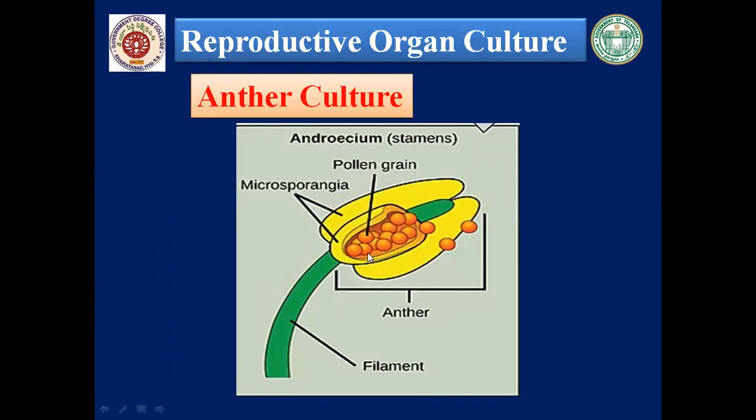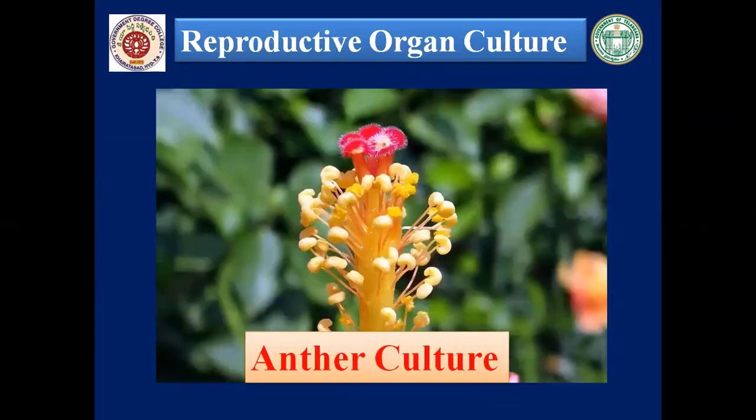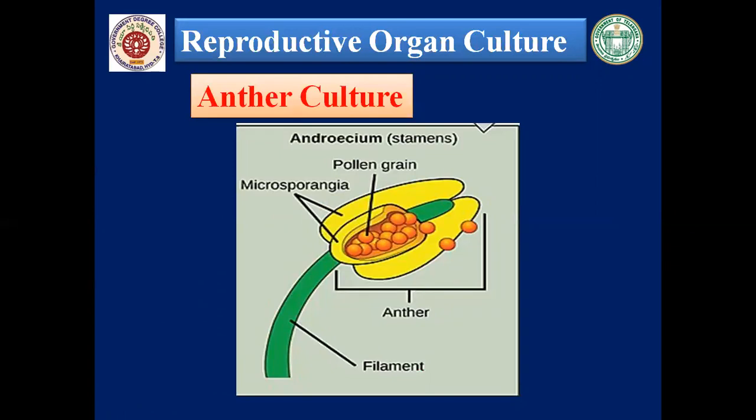When the anther lobes get dissected or cut open, then we can see the pollen grains. This is a dithecous anther, and when you cut it open, you can see the microspores, or the pollen grains.